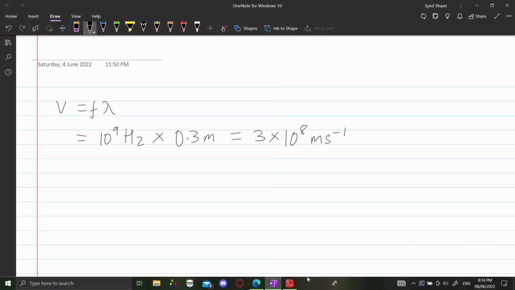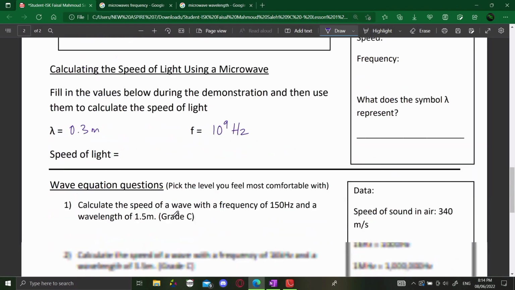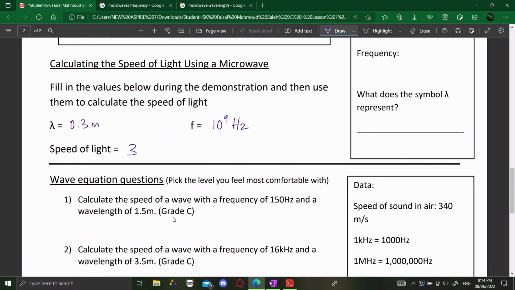Of course, these values I've just taken off the net, and actual frequencies for microwaves lie within a certain range, and these are just the minimum values that I've taken. So that's 3 times 10 to the power 8 meters per second.